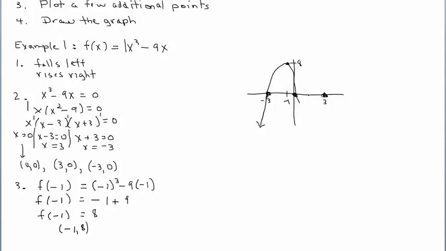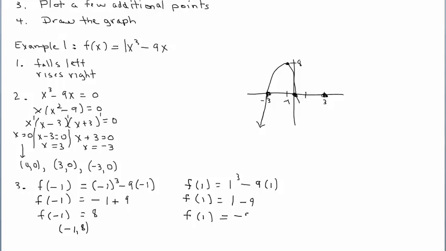I think another good point would be to do +1. So I'm going to come over here and evaluate the function at 1. So that's going to be 1 cubed minus 9 times 1. The result will be 1 minus 9.